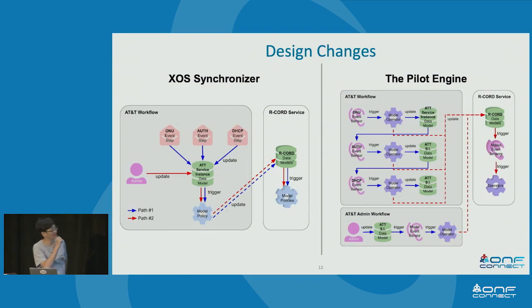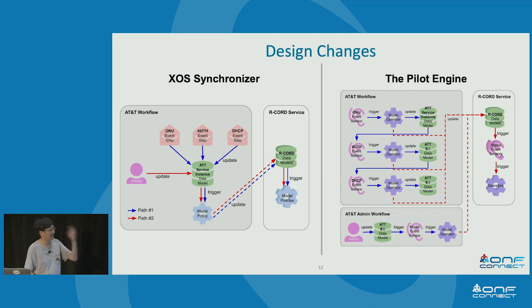Here, basically, there are two execution paths in the current AT&T workflow. One is instantiated by the system, like when an ONU event comes, then the blue path starts. And the other is that administrators can forcefully update the data model using the XOS Web UI.